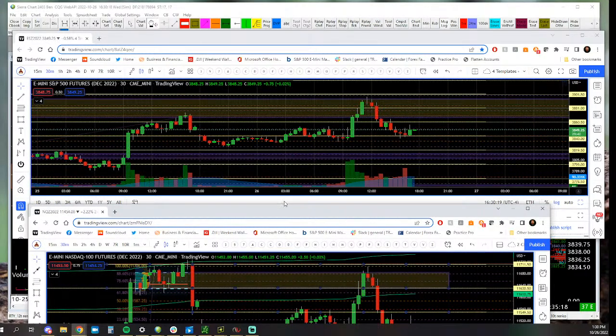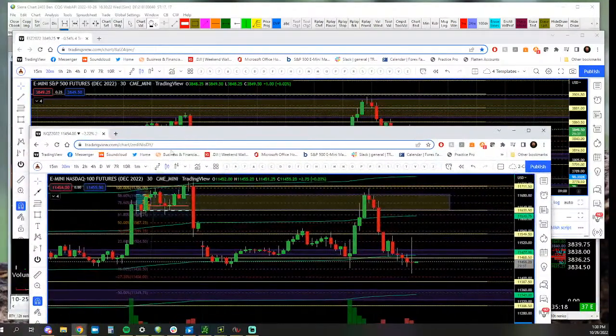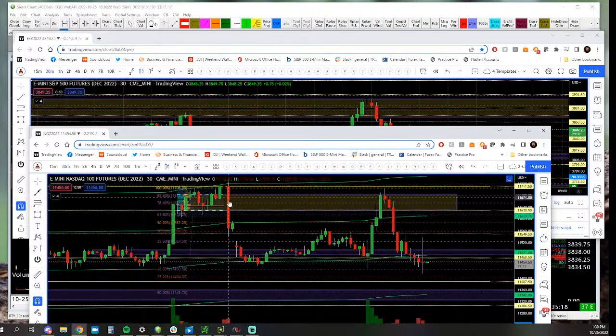Then you take a look at NQ, and because it was due to Google earnings, the drop took out more than half after it opened, took out two thirds of the day, right?